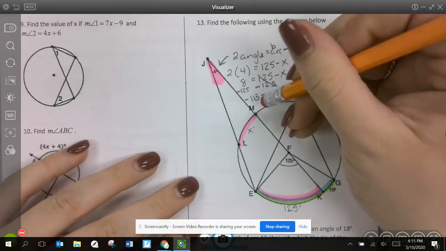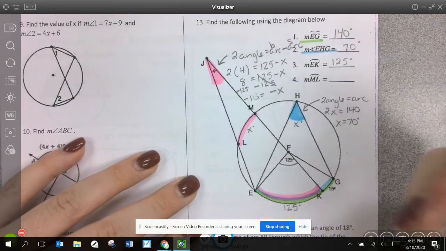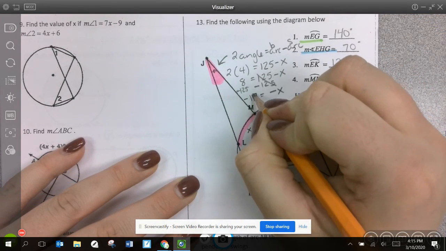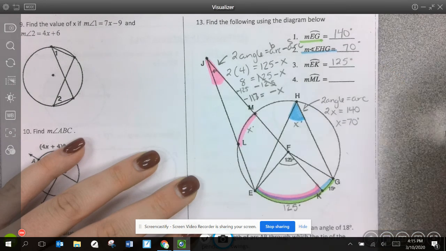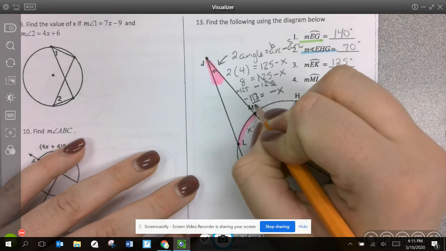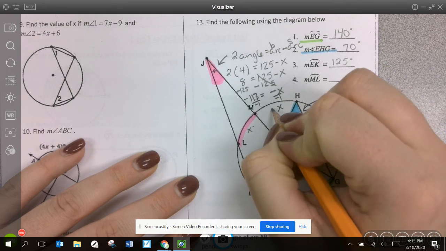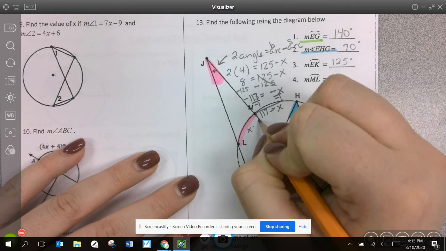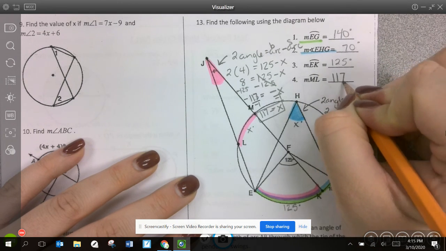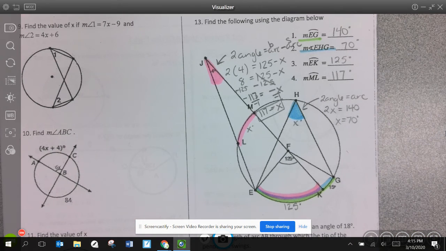I'm sorry, I first said 113, but that's a 117. That's what happens when I'm trying to do stuff in my head. What can I do with 2 negatives? Well, I can divide a negative out. So I have X equaling 117. So arc ML would equal 117.